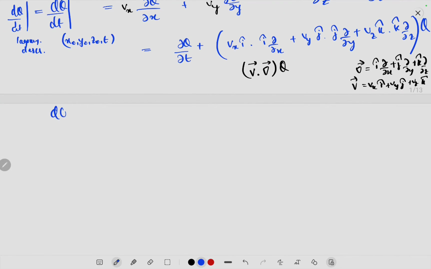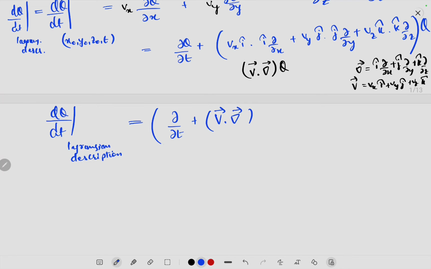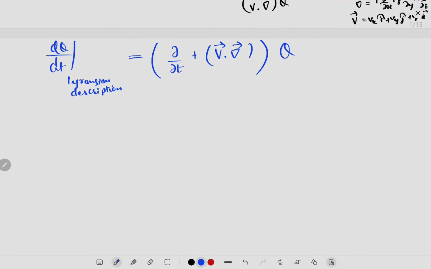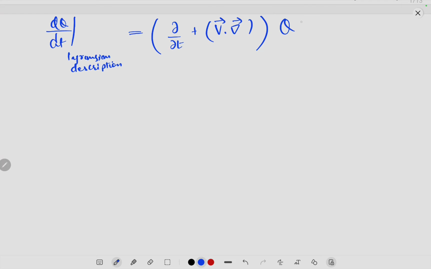So this dq by dt in the Lagrangian description becomes equal to del by del t plus V vector dot grad vector, whole times this q, and this is in the Eulerian description.